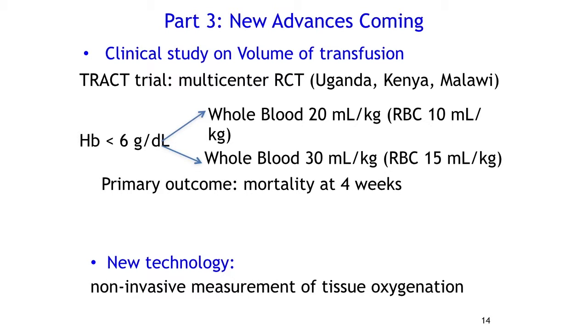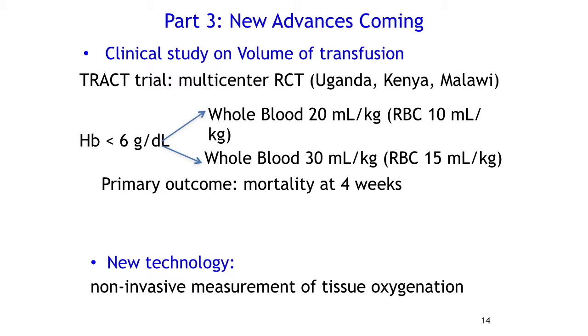So they are comparing 20 versus 30 mils per kg of whole blood, or 10 versus 15 mils per kg of packed cells. And we cannot wait to see the results of this study. They have so far enrolled about 40 patients, and the population is quite big, about 2,000 or so. And the outcome, of course, there are several outcomes, primary and secondary outcome measures.